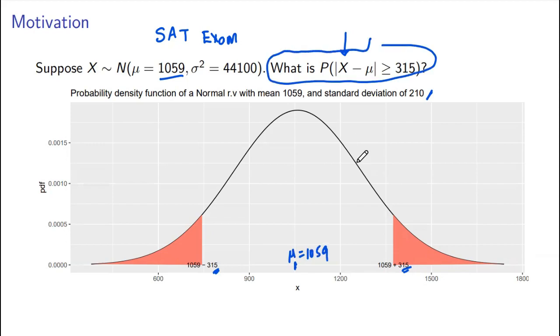We can answer that question precisely when we know the distribution this random variable follows, which in this case we know is a normal distribution. Typically, SAT scores follow a normal distribution.